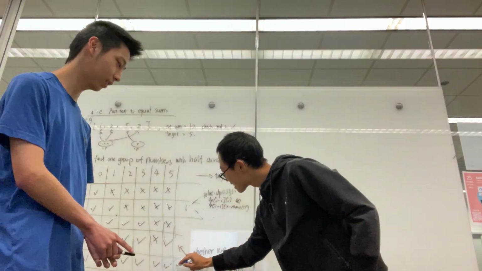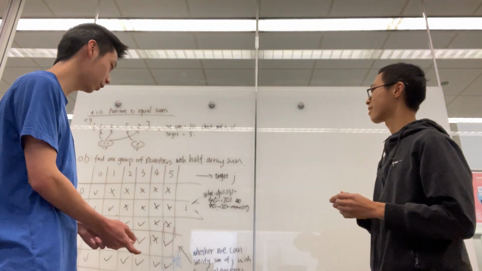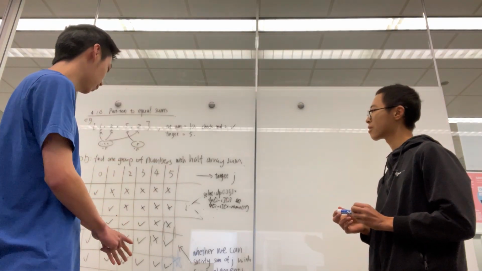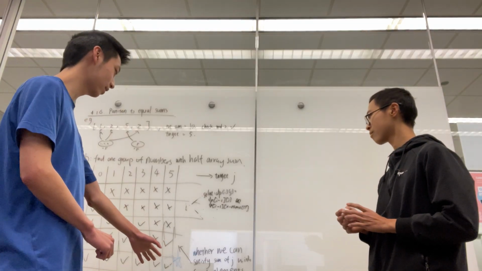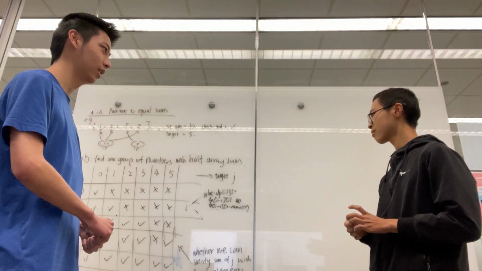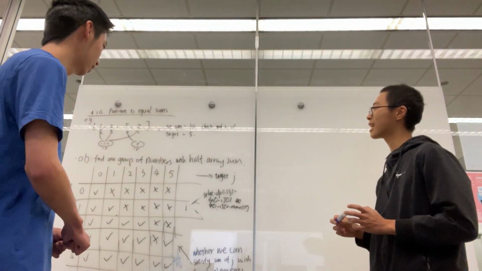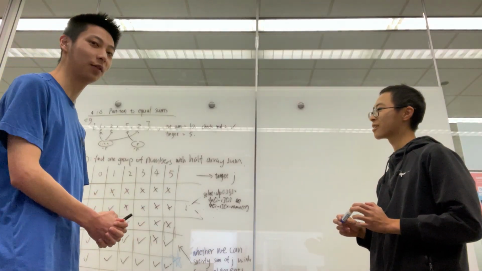Yes. After we're done filling the whole table, we just check if that's true or not. Like I said, it's possible that you could stop earlier, but this is just the general stopping point. Exactly. So that's how you solve the problem.